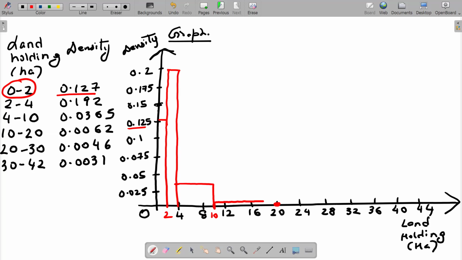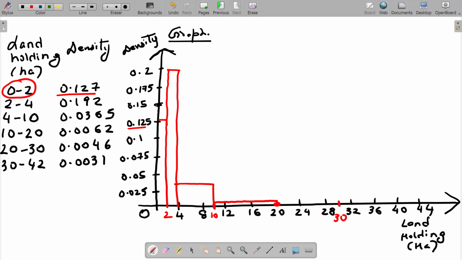So it's going to be somewhat like this, 0.0062. Then 20 to 30 is 0.0046, even lower than this. So 20 to 30, 30 will be somewhere here. So even lower than this.